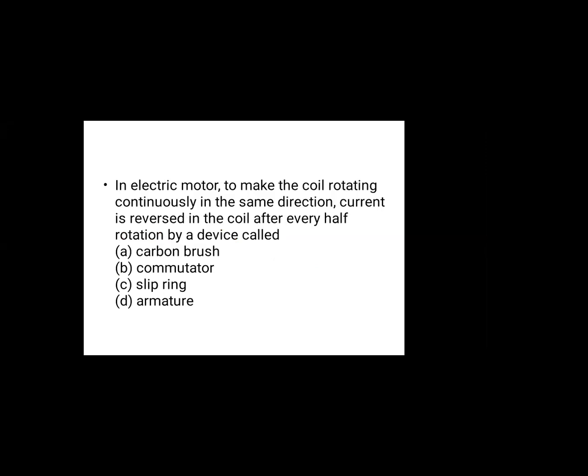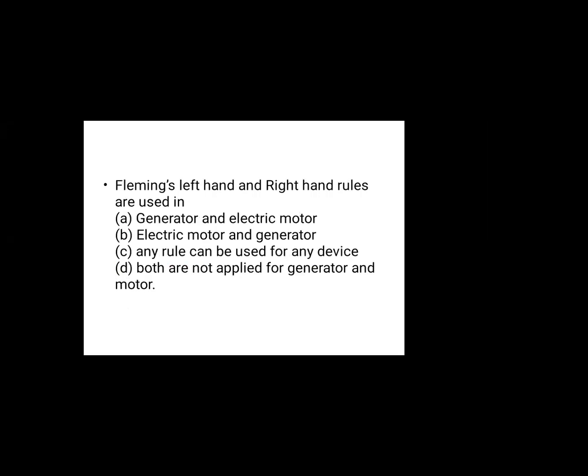We used a split ring. In this option there is no split ring, so the other word for split ring is commutator, which reverses the direction. The right word is commutator. Slip ring is different.